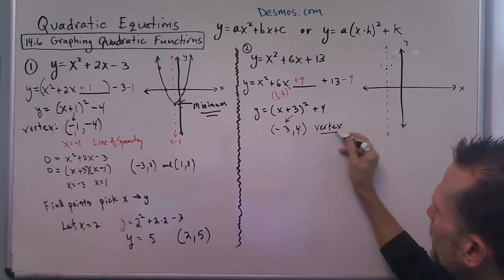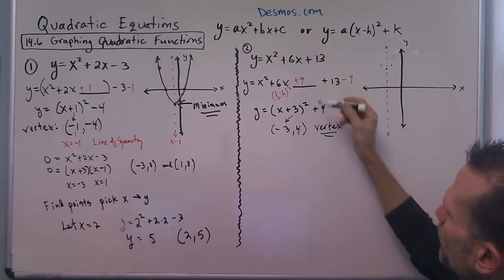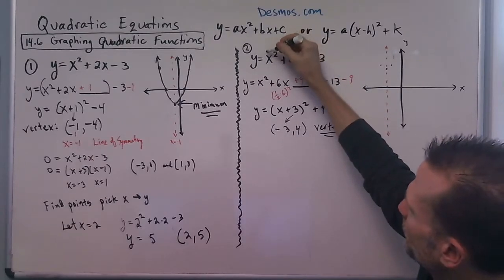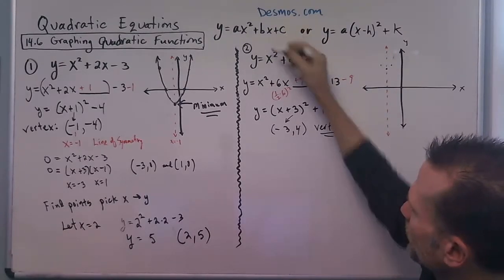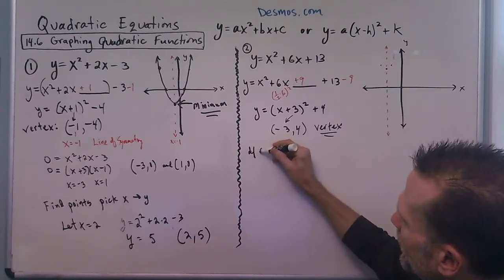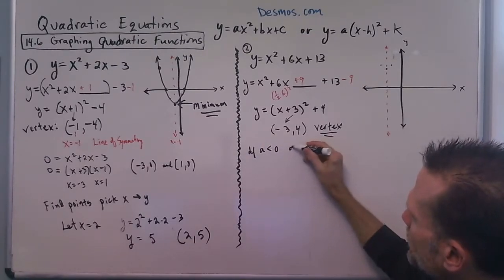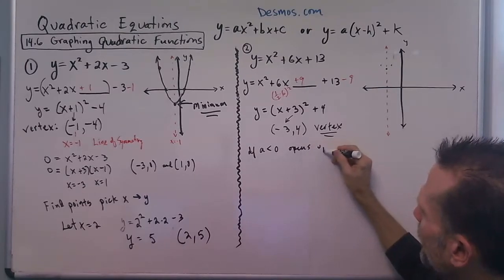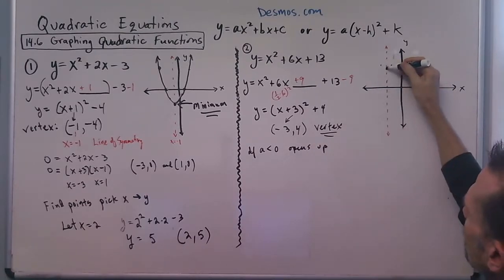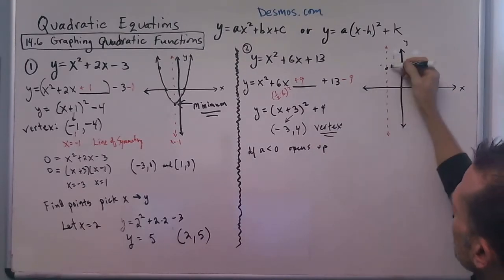I already know this is going to open up, because if the a value is positive, if a is greater than 0, it opens up. So I know there's a parabola hitting right here at -3, 4, and it's going to open up.